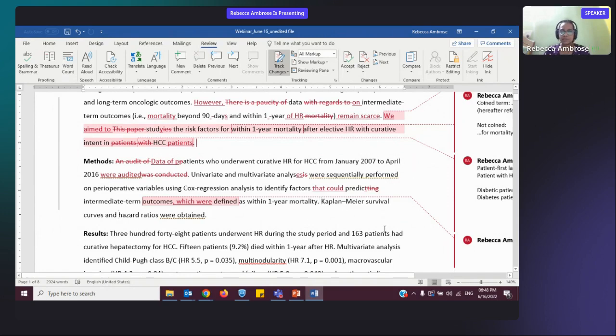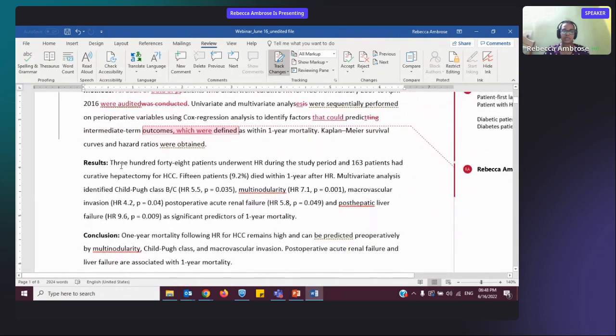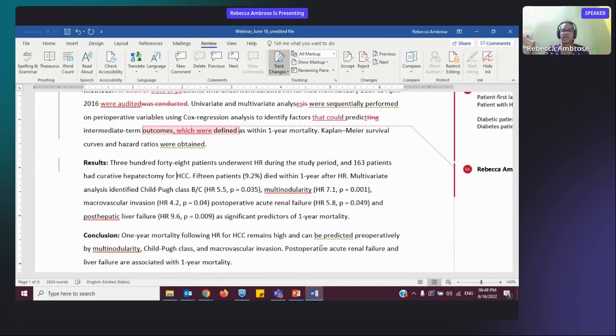Kaplan-Meier survival curves and hazard ratios were obtained. We then have 348 patients underwent hepatic resection during the study period, and 163 patients had curative hepatectomy for HCC. If you notice this sentence, it says patients had curative hepatectomy.